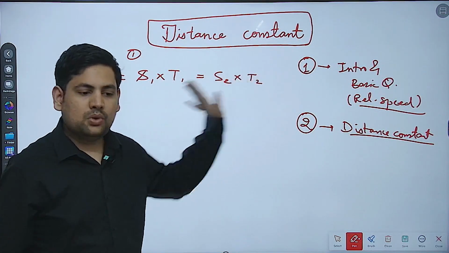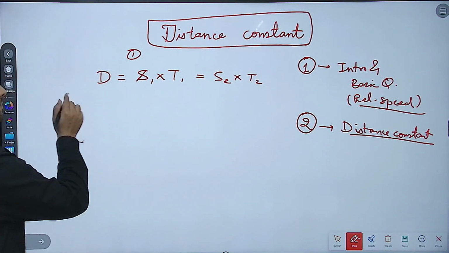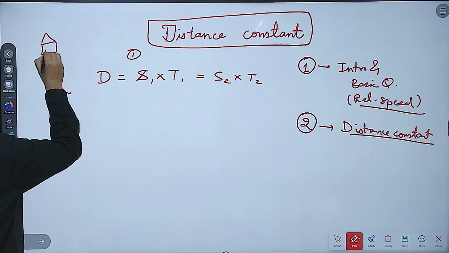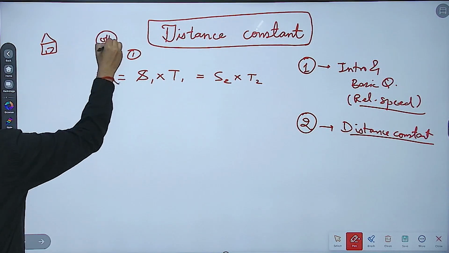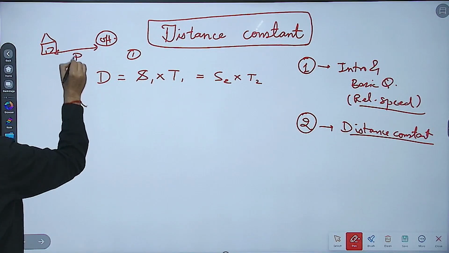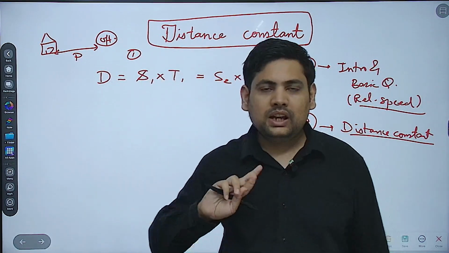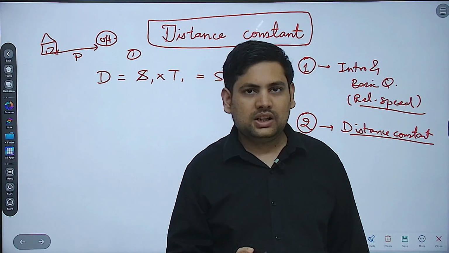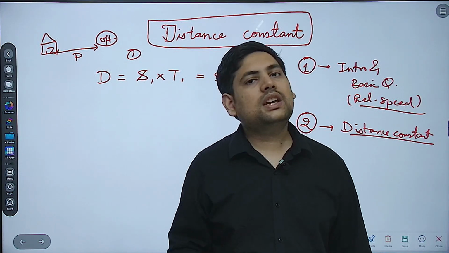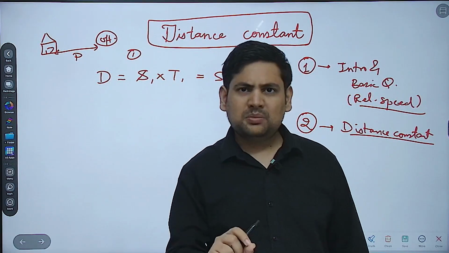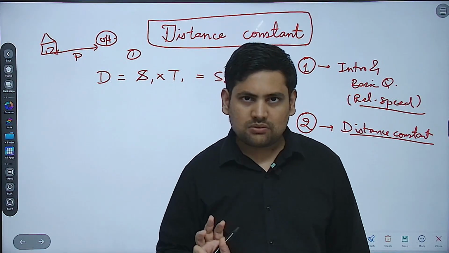Both are equal to the same distance. For example, I was going from my home to my office. This distance d is actually constant. In the first scenario, I may be going at some speed and reach in some time t1. In the second scenario, I am going at some speed s2 and I'll reach in some time t2.